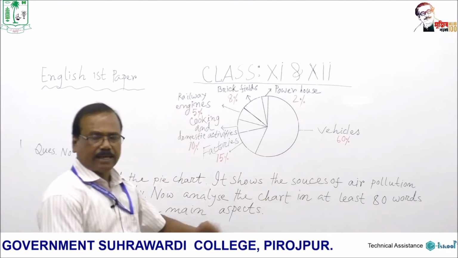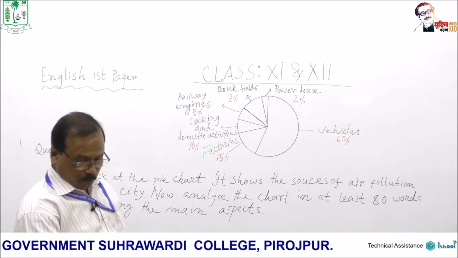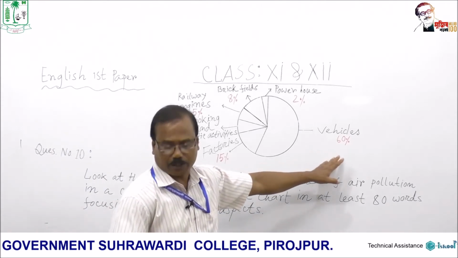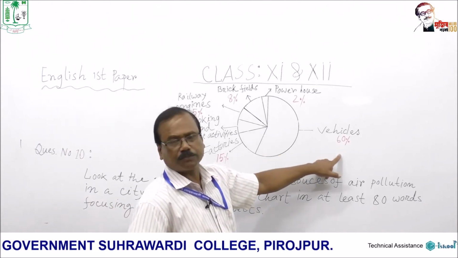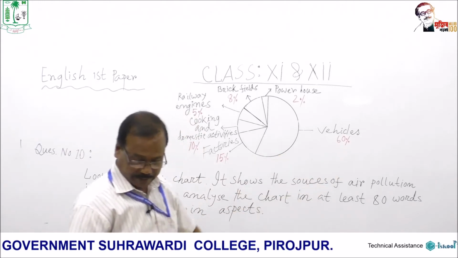It is seen that air is polluted 60% by vehicles. Very easy sentence.